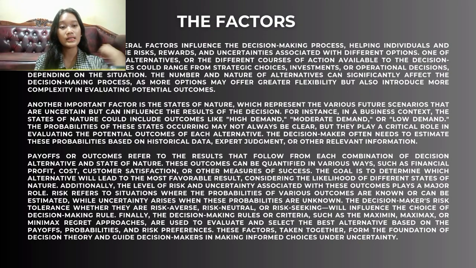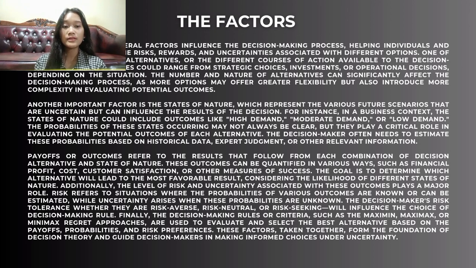And the second thing is the factors. In decision theory, several factors influence the decision-making process, helping individuals and organizations assess the risks, rewards, and uncertainties associated with different options. One of the key factors is the alternatives, or the different courses of action available to the decision maker.